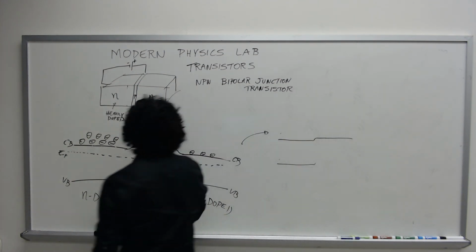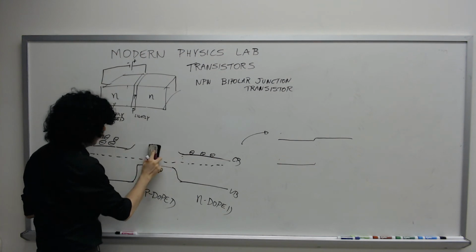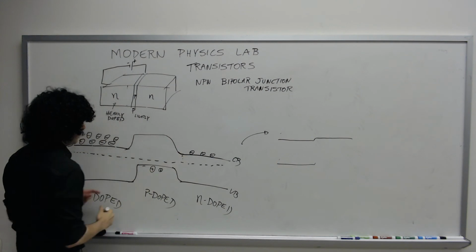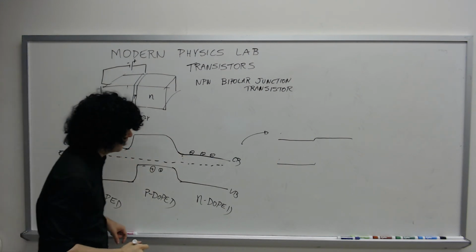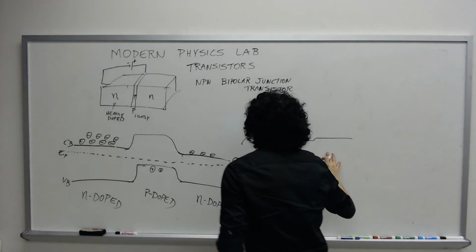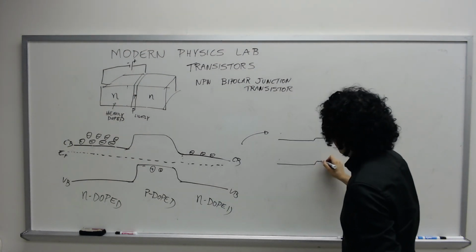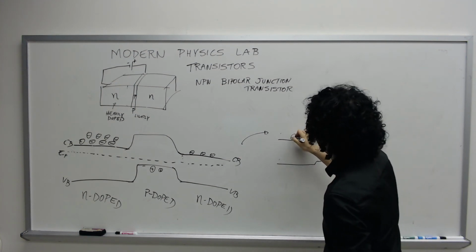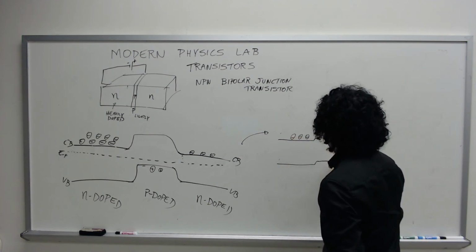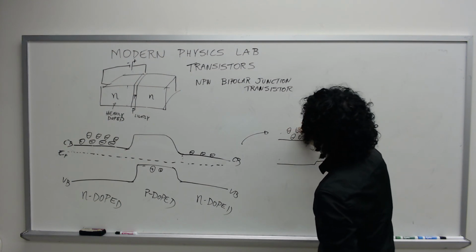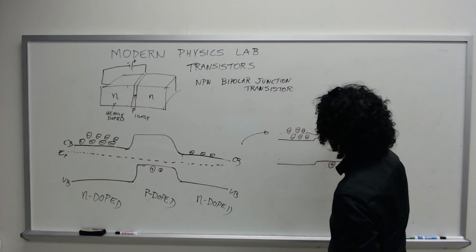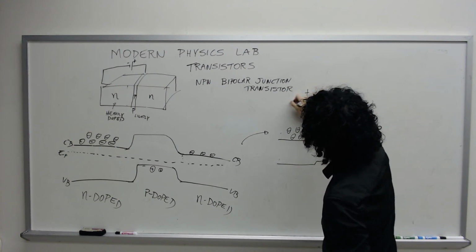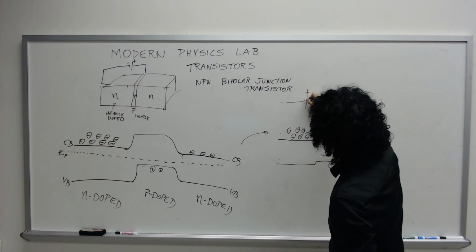I just have to increase this barrier so it is consistent with this scale. So when I apply this bias, I decrease the barrier, and now the electrons can go this way. I have plus here and minus here.